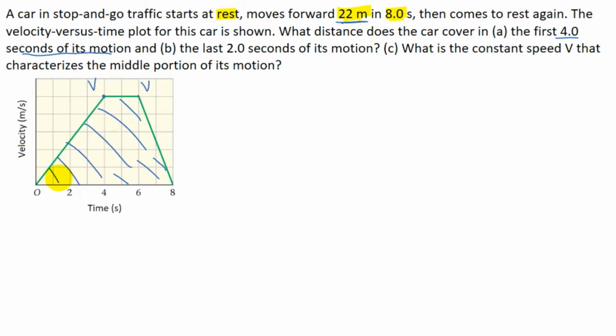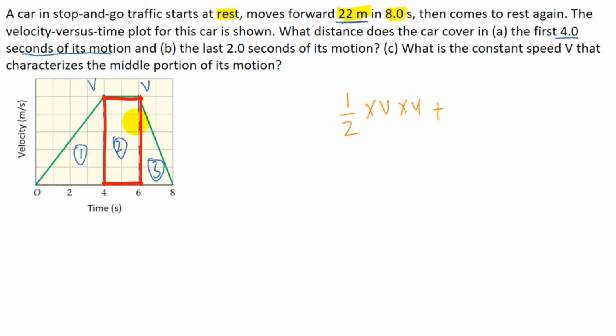Now for the area, we can divide it into three sections: section 1, section 2, and section 3. The area of section 1 would be 1/2 multiplied by height multiplied by base. The height is V, multiplied with the base, which is 4 minus 0, which is 4. Plus, the area of section 2 would be length multiplied by width.